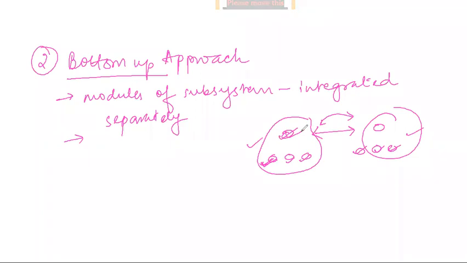Suppose I have a function call over here, and when I call this function, my cursor will break over here. In bottom up, we first check this section of the code, then we go and check that section. But in top down, we first check this section, and when the call is performed and the cursor jumps and branches to that section, then we check that section of the code.